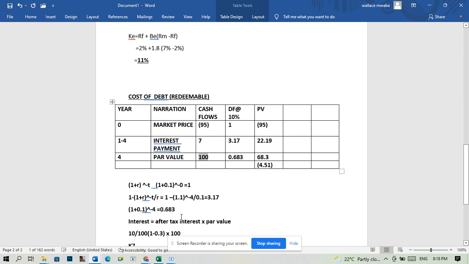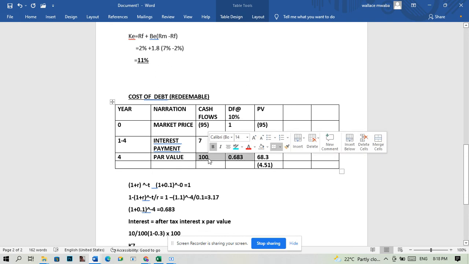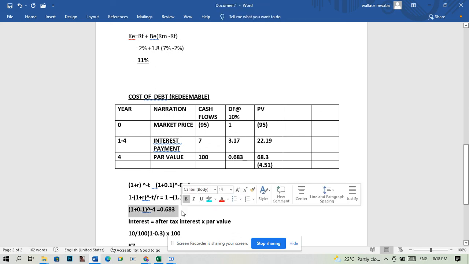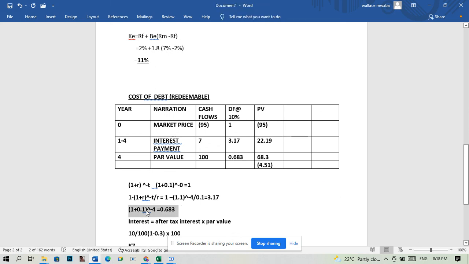How are we arriving at this 0.68 on the present values table? We use this formula: 1 plus 0.1 to the power negative 4.